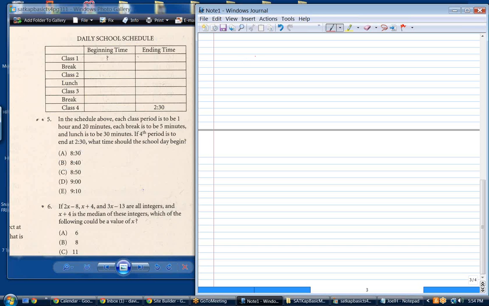Okay, so we're going to assume that that thing is 8:40 right here. So if it started at 8:40, when did it end? It's an hour and 20 minutes. I'm just doing row by row. If it was an hour and 20 minutes later, it'd be 10 o'clock.